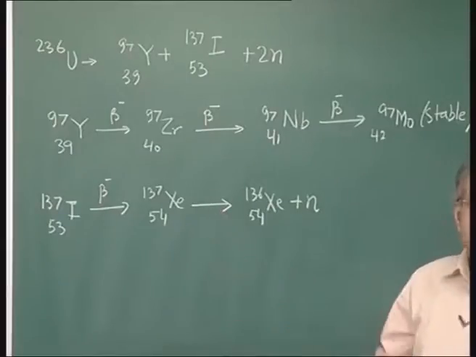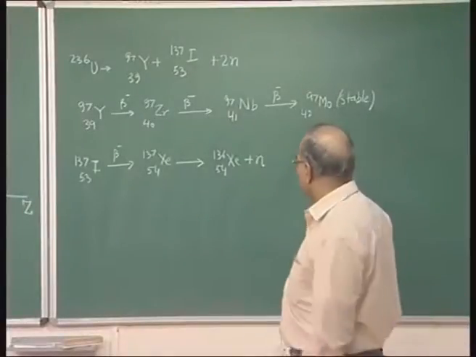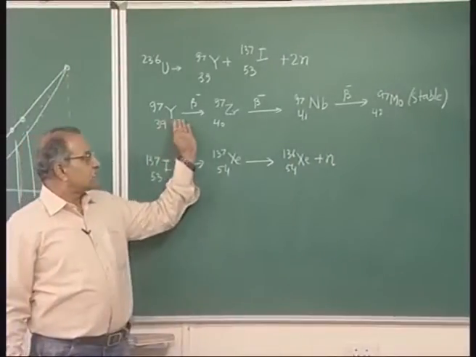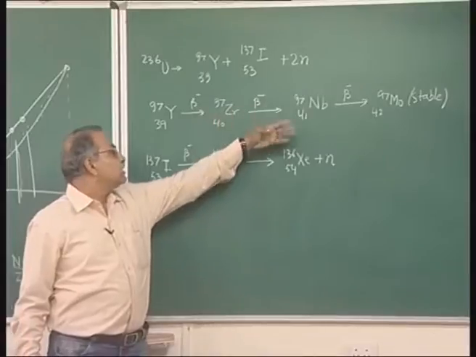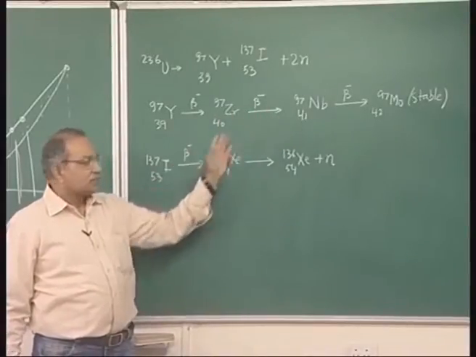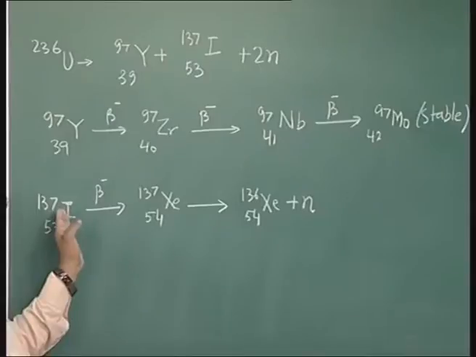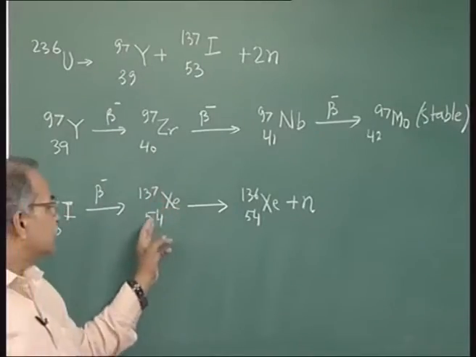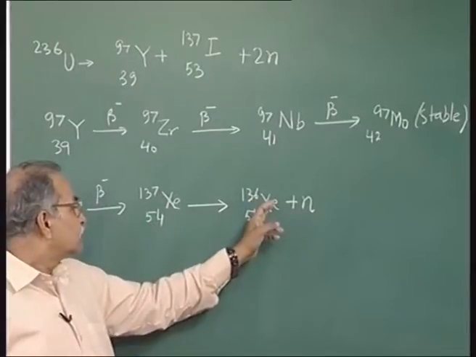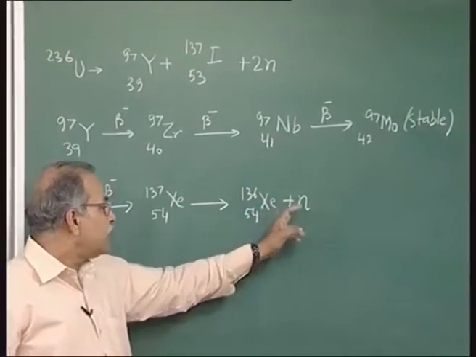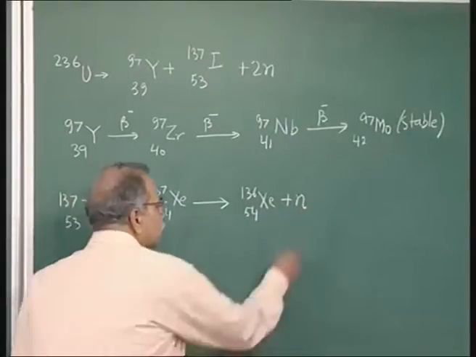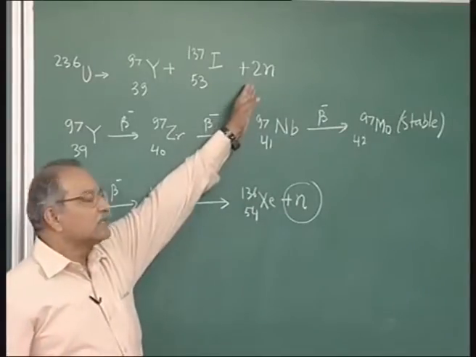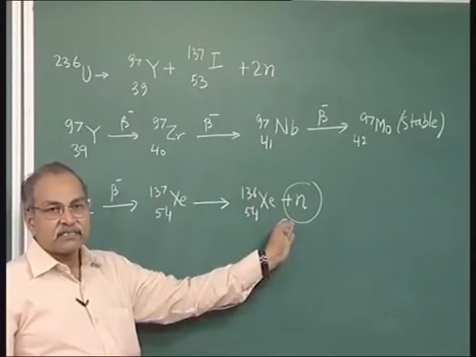This last part is not a beta decay. And of course, this is stable. So, you have a regular chain of 1, 2, 3 beta decays and goes to stable, but this iodine first decays to xenon 137, and that xenon 137 goes to xenon 136 and a neutron. So, again you have gotten a neutron here. You have 2 neutrons here and then a third neutron is coming here.